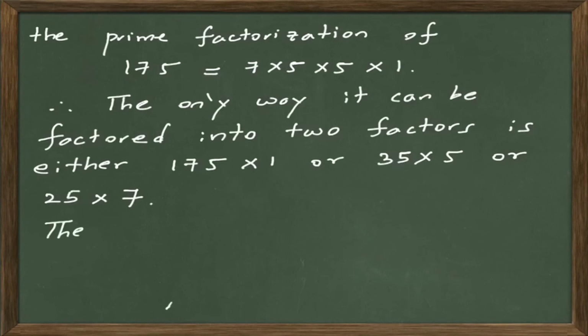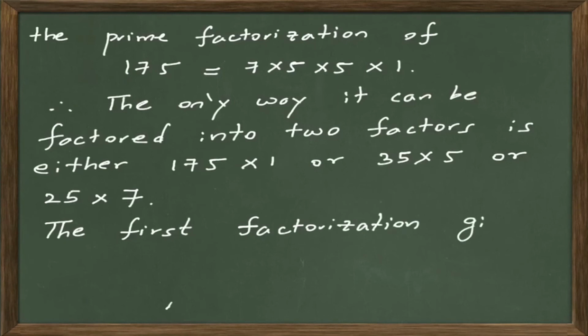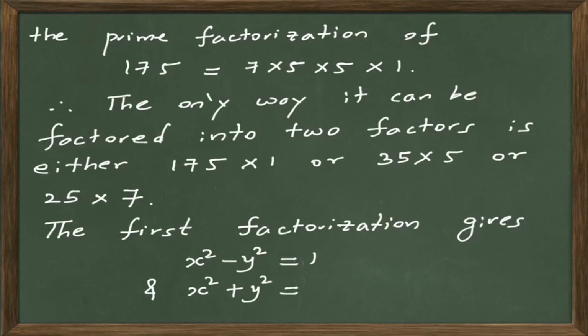The first factorization gives that x squared minus y squared is equal to 1 and x squared plus y squared is equal to 175.